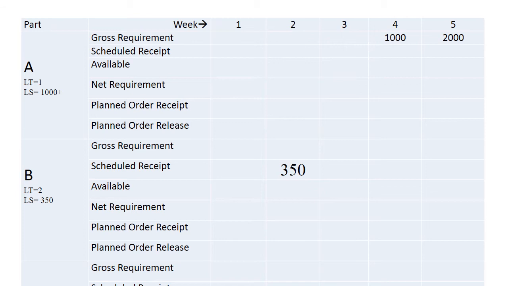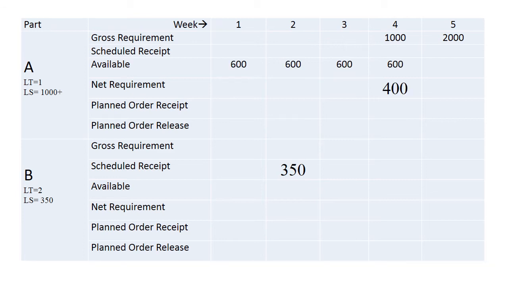Now there is no scheduled receipt for item A. The only scheduled receipt is for item B. There's nothing for C. So let's figure out how much is available right now for item A. We said 600 items are sitting with you right now, and since you don't plan to use it in week 1, 2, or 3, it will be carried over until that point.